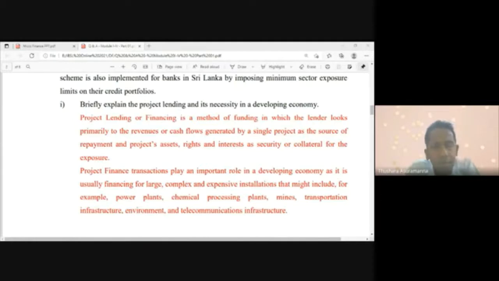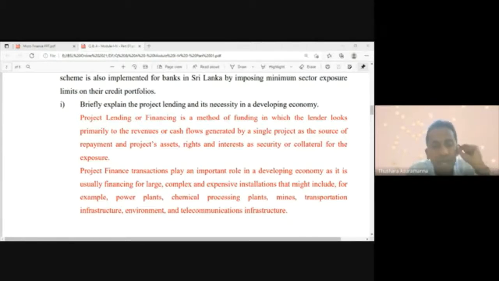Number three, what we can bring here is, if you remember in our description, in project financing we more or less look into the strength of the cash flows instead of balance sheet financing.